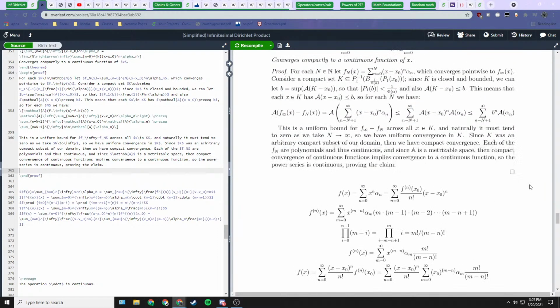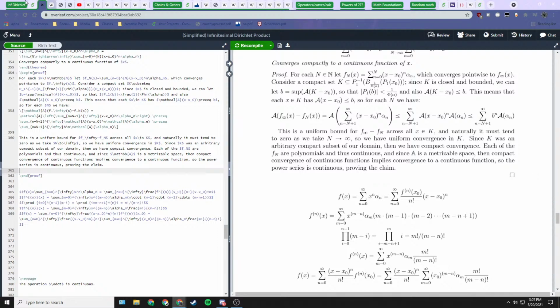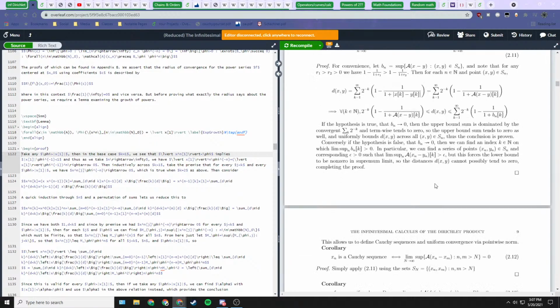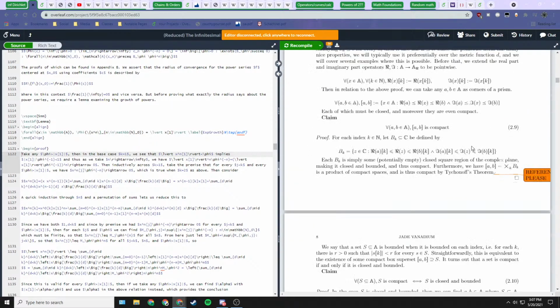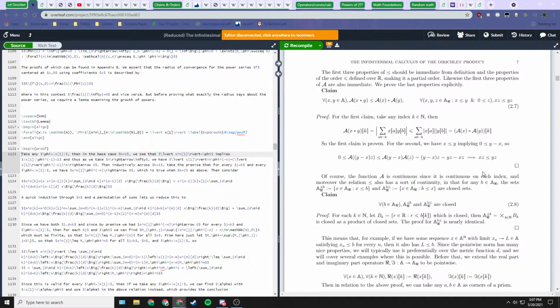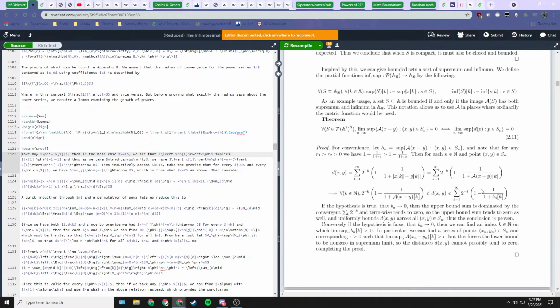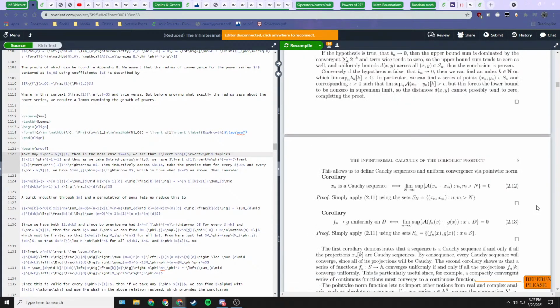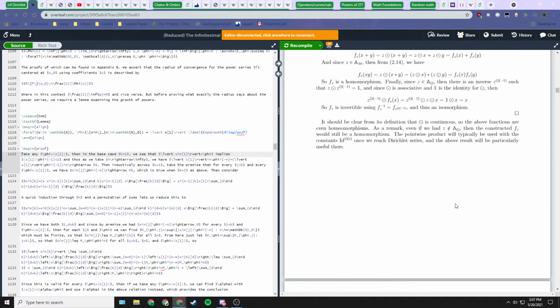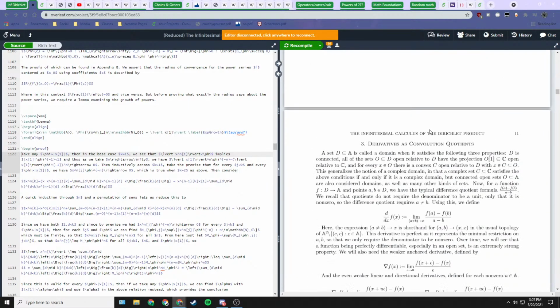If we wanted to prove that, I have a proof of that in my other, my initial draft. In my initial draft, we define derivatives first before power series. We actually define how to take a derivative in terms of a convolutional quotient, so a Dirichlet product quotient.